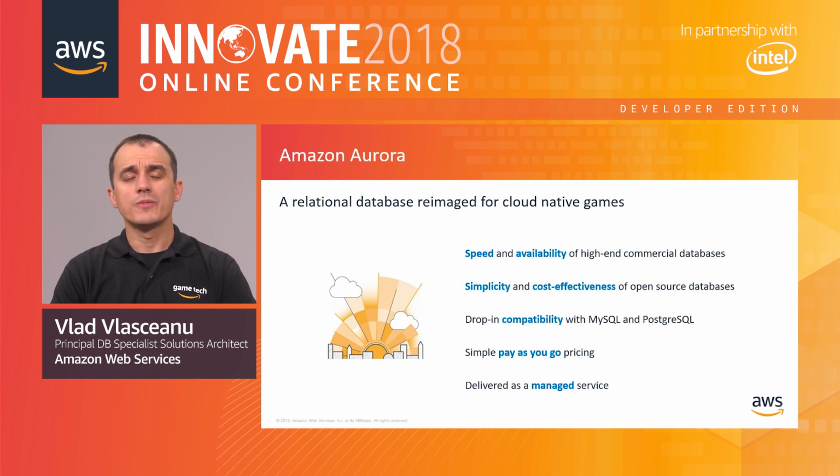And it also provides a very high degree of durability. We store 6 copies of your data across 3 availability zones in a region. So this is a very, very fault-tolerant architecture at the storage system.